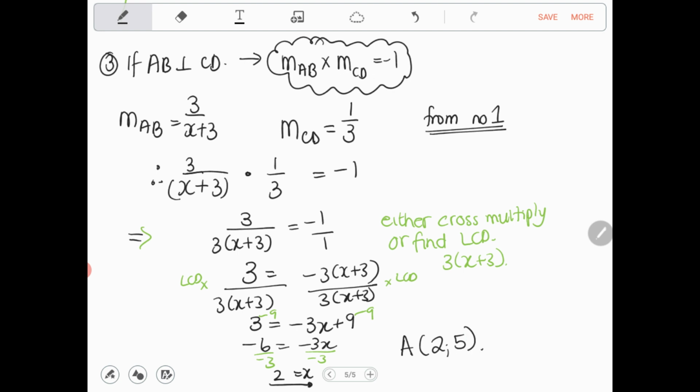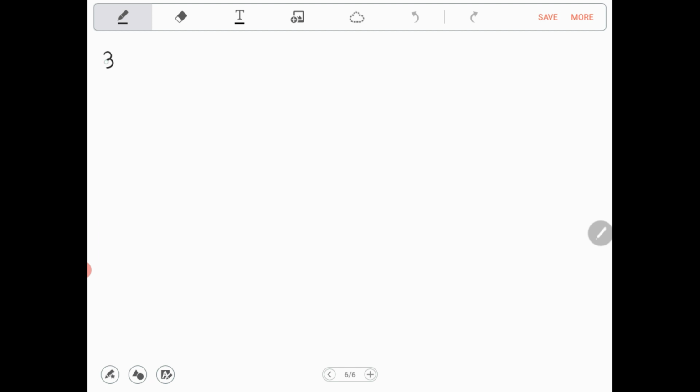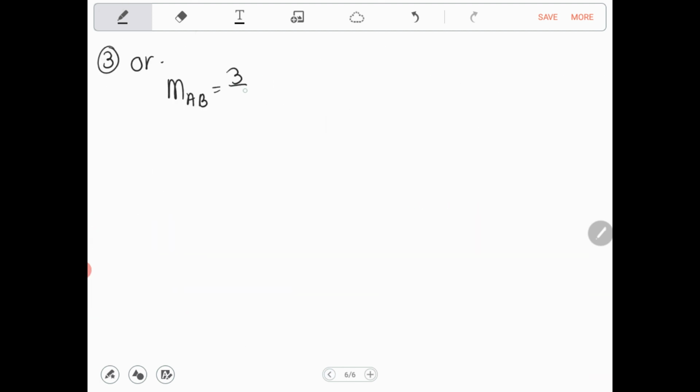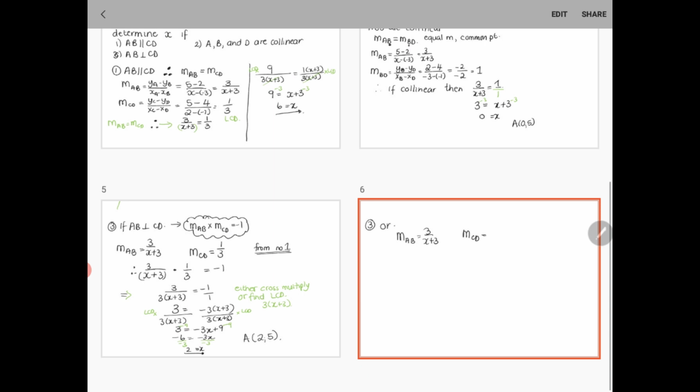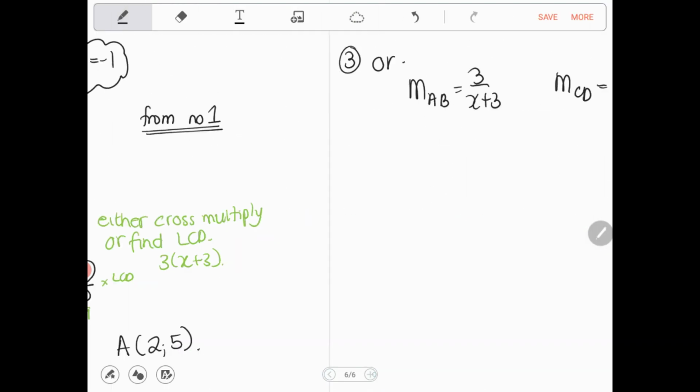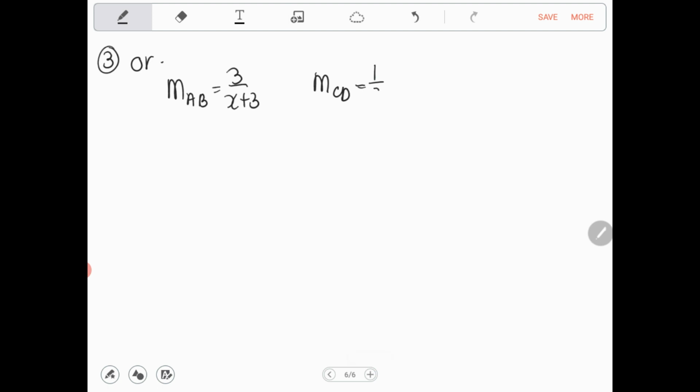You could also, with this one, if you didn't want to do this whole long equation thing, if I know that this is the gradient of AB, and I know this is the gradient of CD, sorry, 1 over 3.